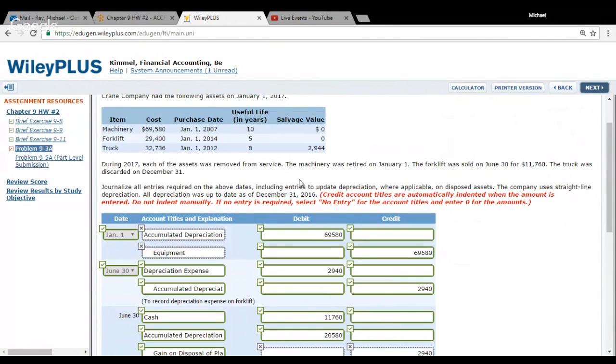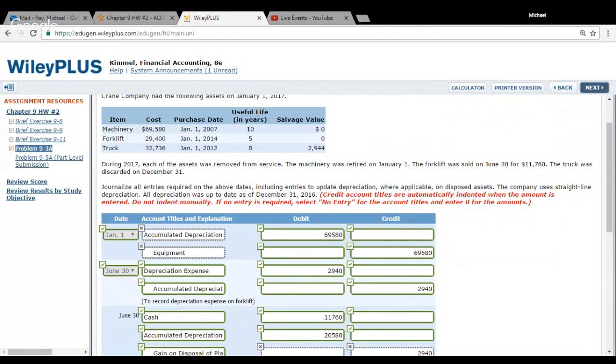So what we need to do there, since when we dispose of the truck, we'll get that value back, is we'll actually take 32,736 minus 2,944, because no matter how much it depreciates, the salvage value will still get that value back. And so that leaves us with a new amount of 29,792.